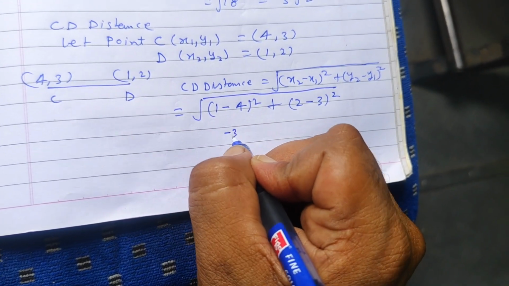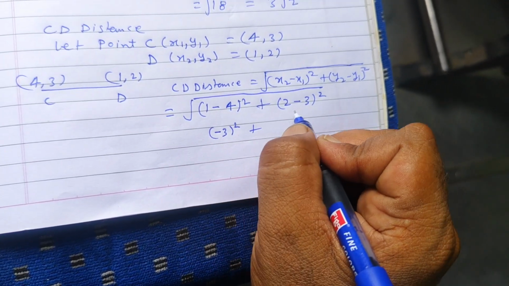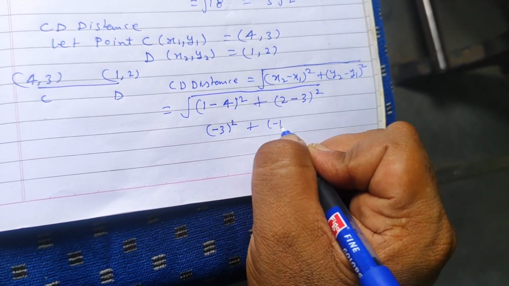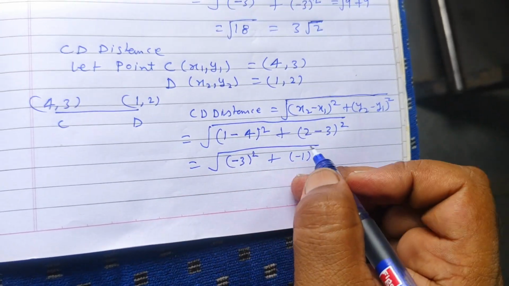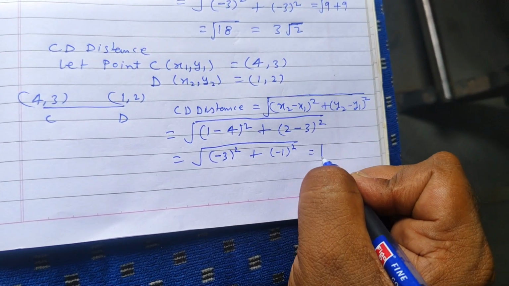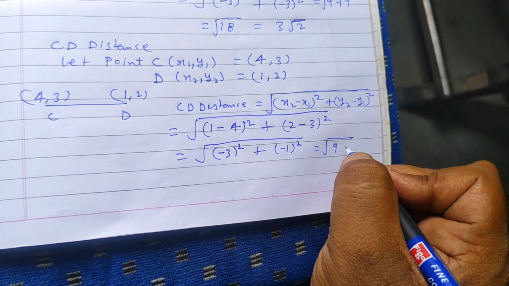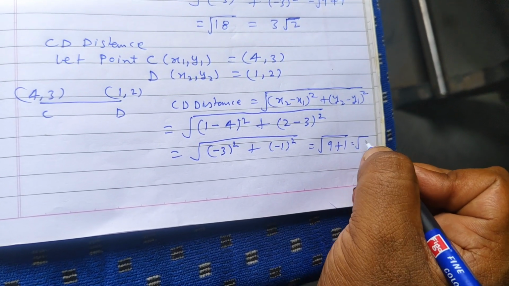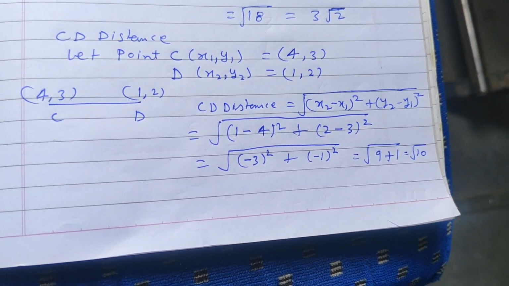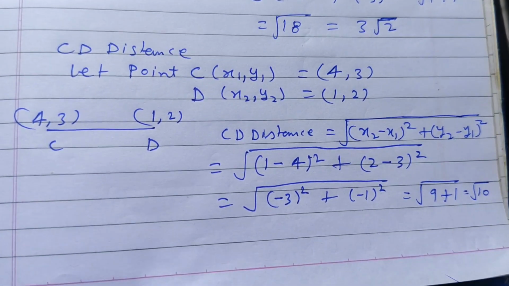So minus 3 and minus 1. 3 times 3 is 9 and 1 times 1 is 1. So we get root 10. Root 10.